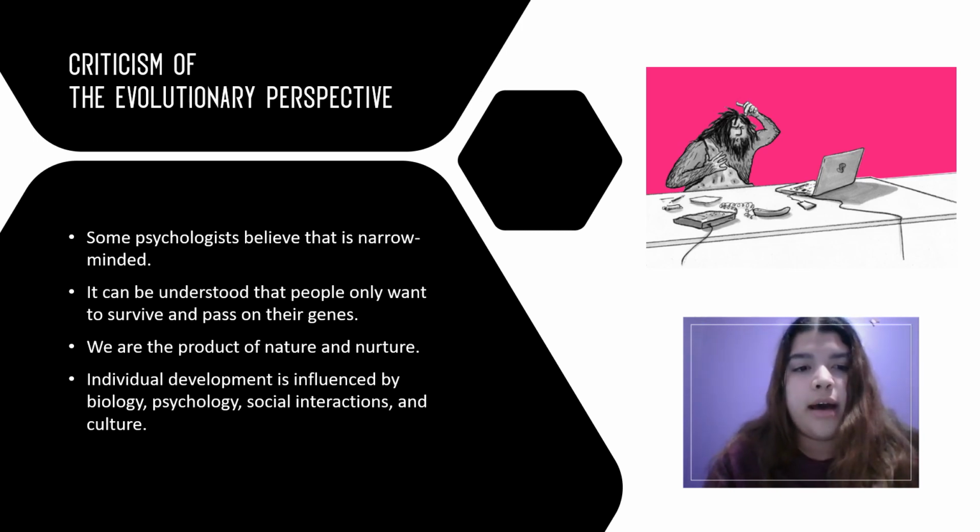Another point that I have here is that we are a product of nature and nurture. Genes are definitely powerful, but culture can surpass them. And the last criticism that I have is that individual development is influenced by several factors such as biological factors, psychological factors, social factors, and cultural factors.